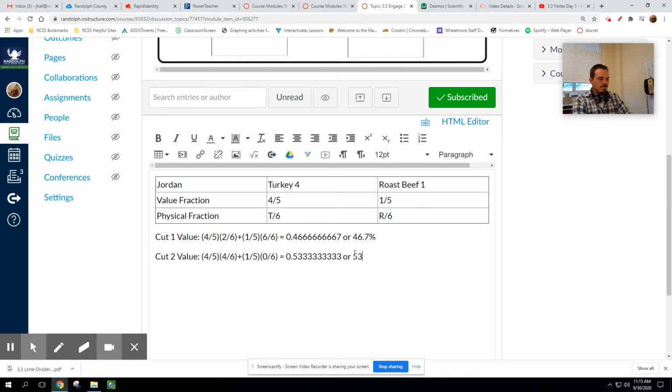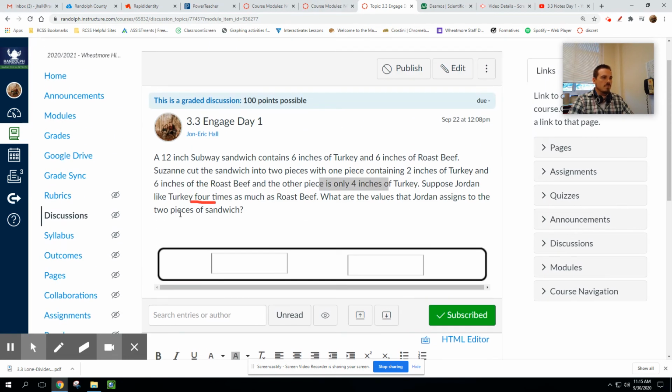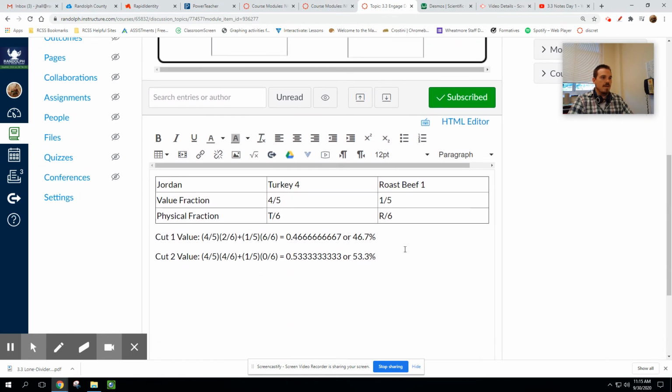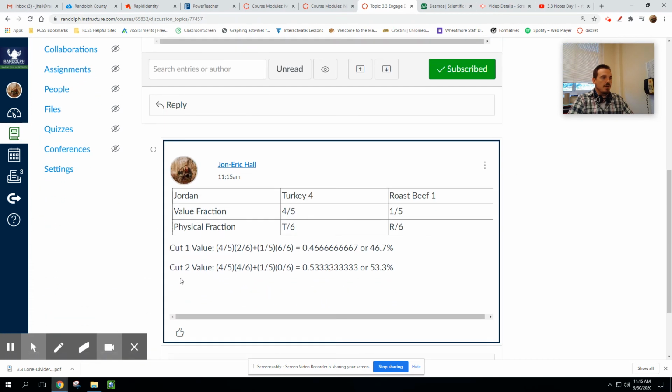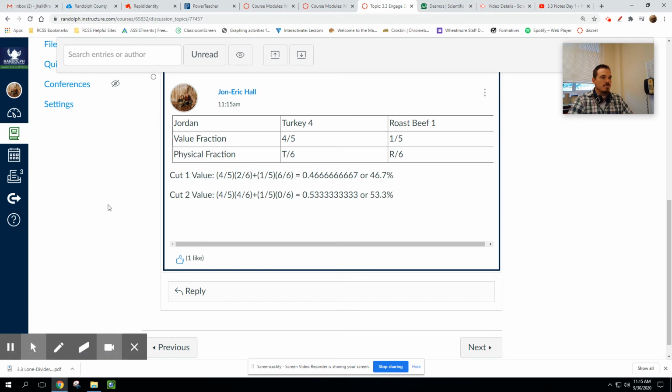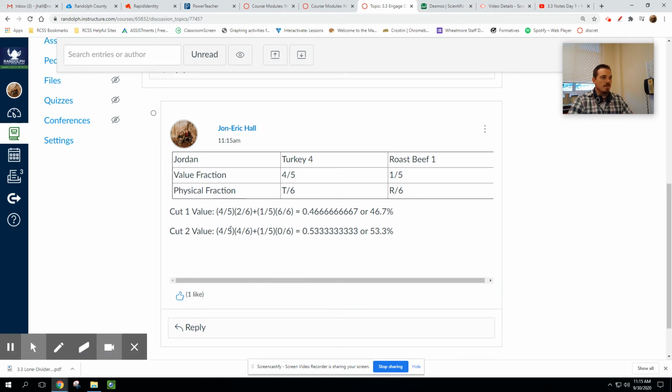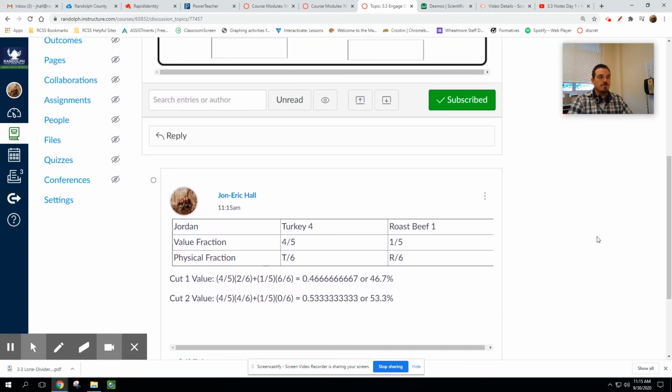Or we'll say 53.3%. So those are his values of the 2. The question doesn't ask for anything other than that, so we're going to leave it at that. There's his, and I'll post my reply. So those are his answers: table, cut 1, cut 2. You can see that once you submit it.